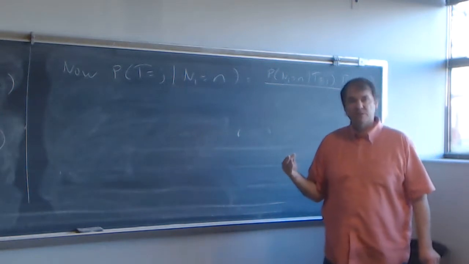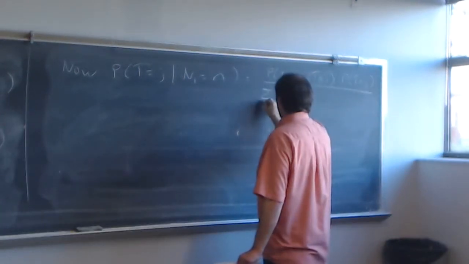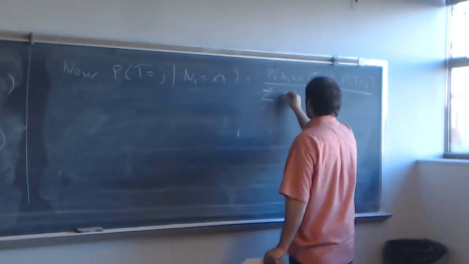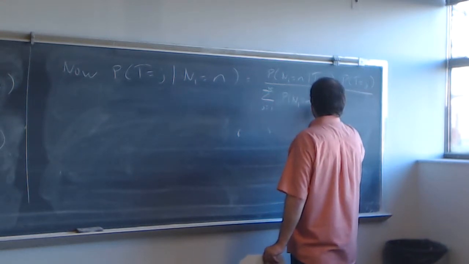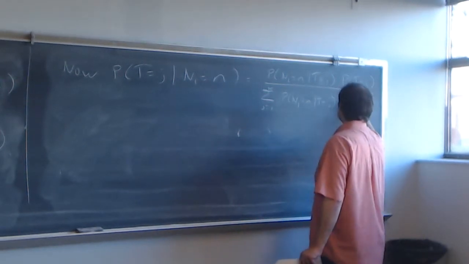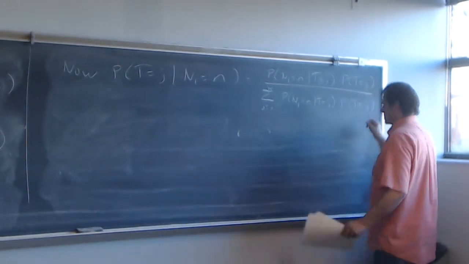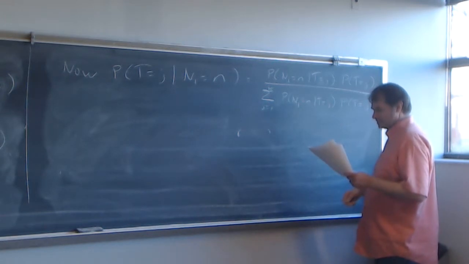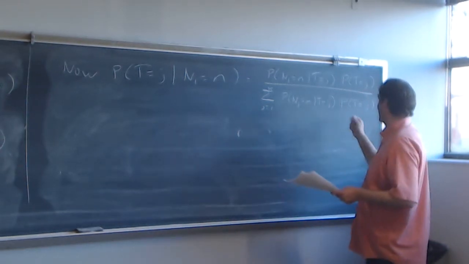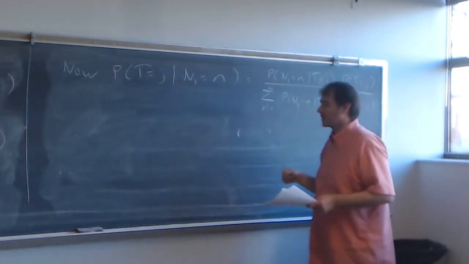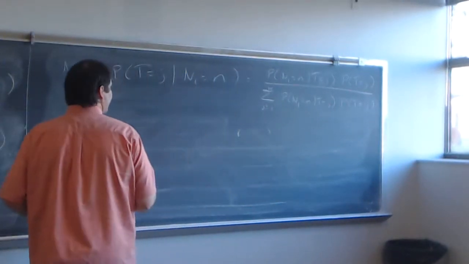Now, if we use this extension of Bayes' theorem, this will be the sum over J running from 1 to K of the probability of N sub 1 equaling N given T equals J times the probability that T equals J. That's what I'll write. I could have used a different letter here, like I, but it's okay.